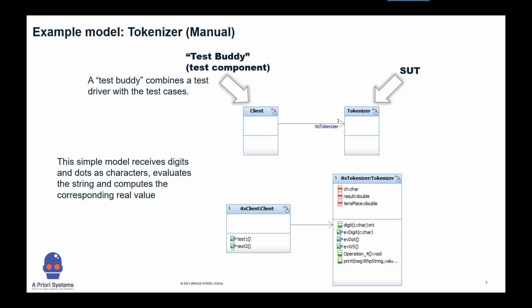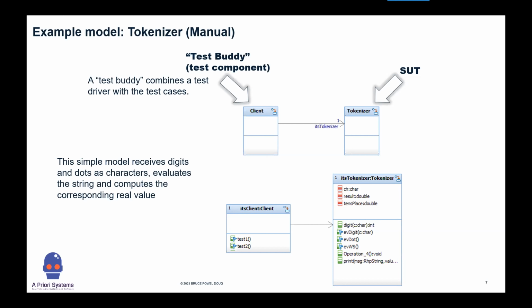They'll have characters like '1' and '2', '3', '.', '2', '3', '4', '5', something like that. So you've got this string representing some value, and it's going to take those in one character at a time from the left side, and it'll construct a real value based on parsing the incoming events.